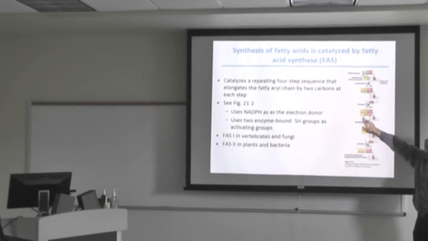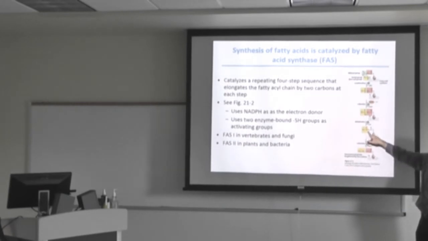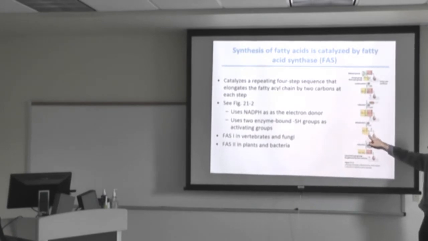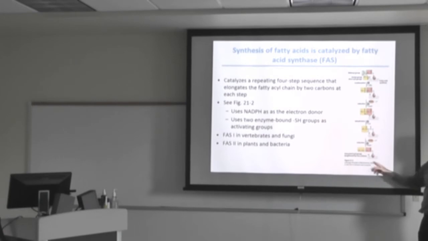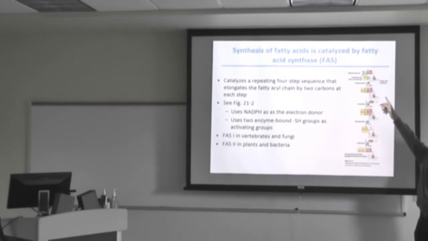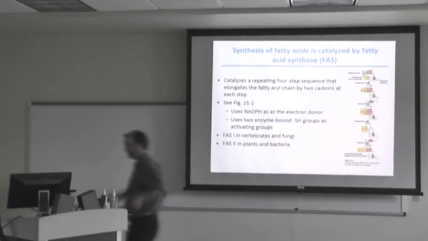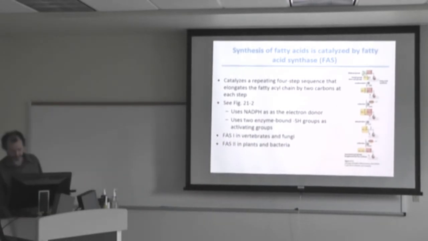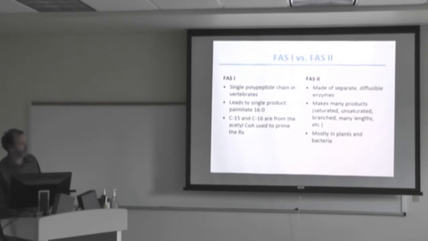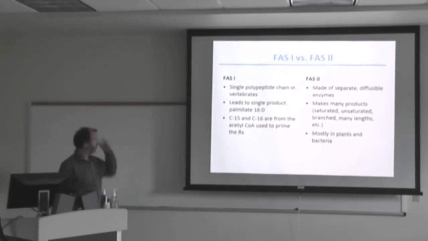We just remove the water, and you have an ene. From the dehydration group, you form an ene double bond here. And then you reduce that double bond again, requiring another NADPH, and you have a saturated acyl that's 2 carbons longer than what you started with. And you'll repeat that over and over again until you get to 16 carbons long.